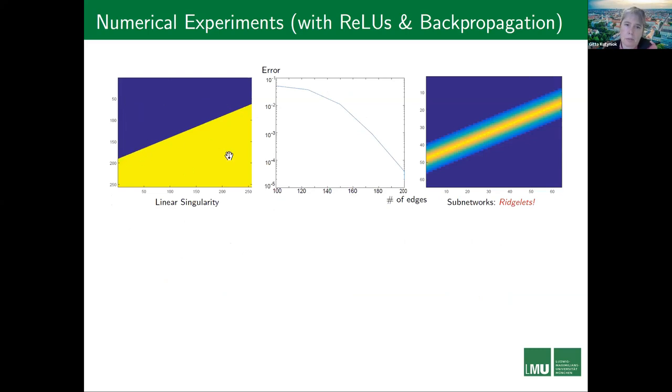We took samples, we trained the neural network, and not that unexpectedly, the number of edges, or the complexity, relates to the approximation error in a manner which is close to the theoretical result. But what was very interesting is that in these compartments, the neural network actually learned something like those functions.